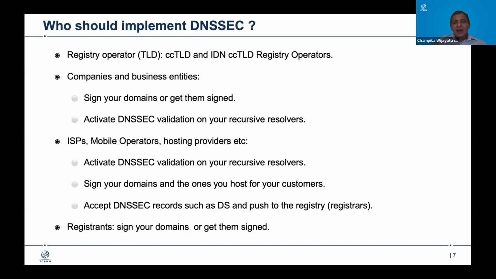Because this is a hierarchical database. So I say, for example, I am example.mm. If I have a domain called example.mm, after signing, I have to propagate that trust to my parent, which is .mm, right?